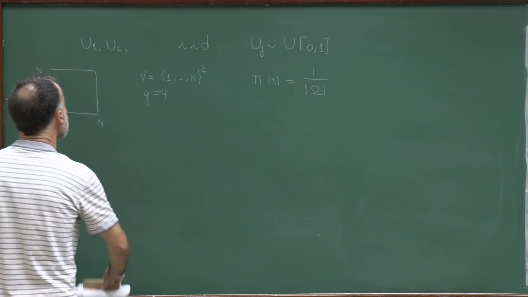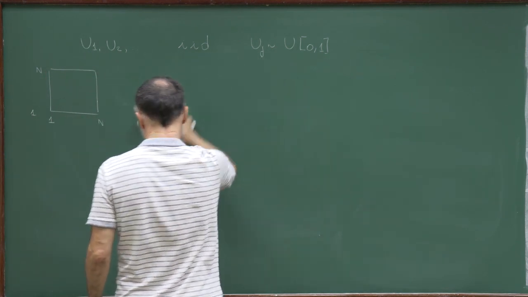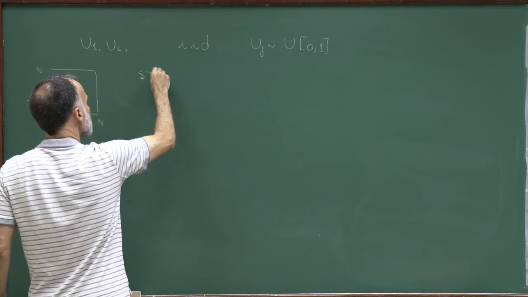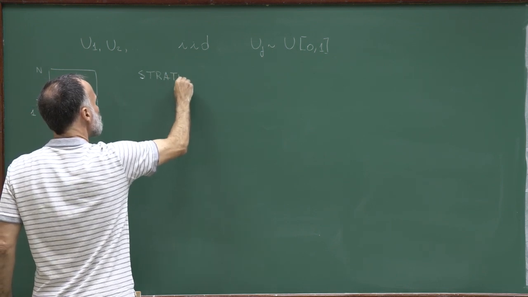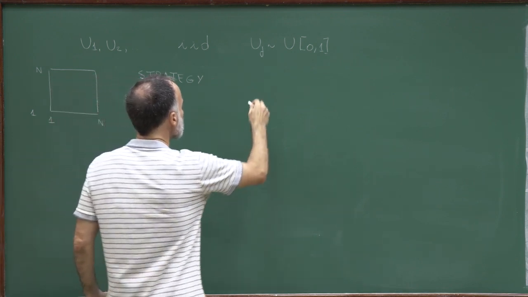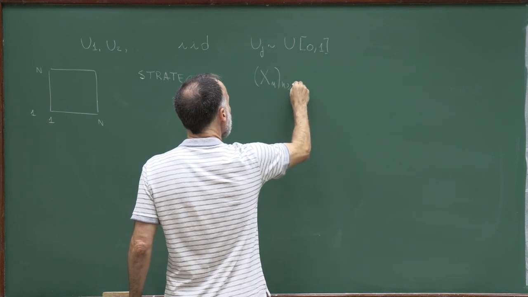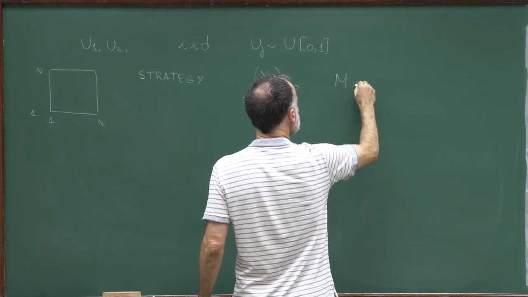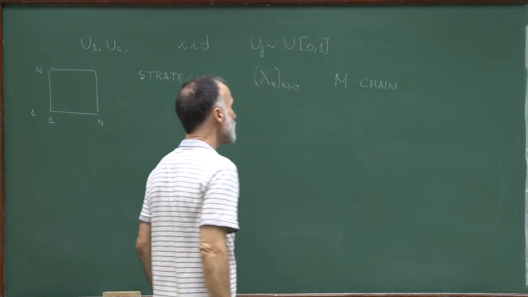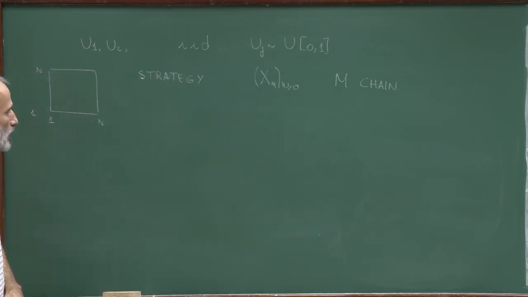And so now let me propose a strategy. This is the Markov chain Monte Carlo strategy. So the strategy is the following. What I will do is create a sequence Xn which is a Markov chain. With these random variables Uj, I will create a Markov chain.